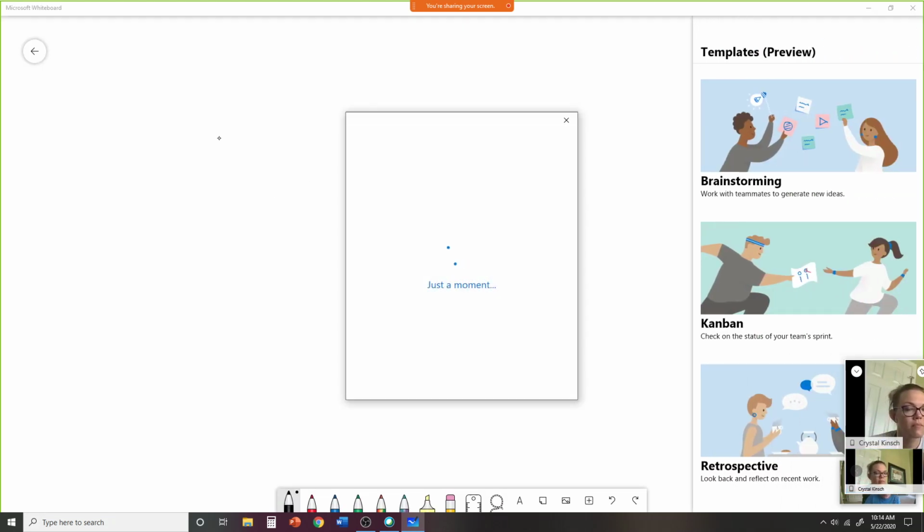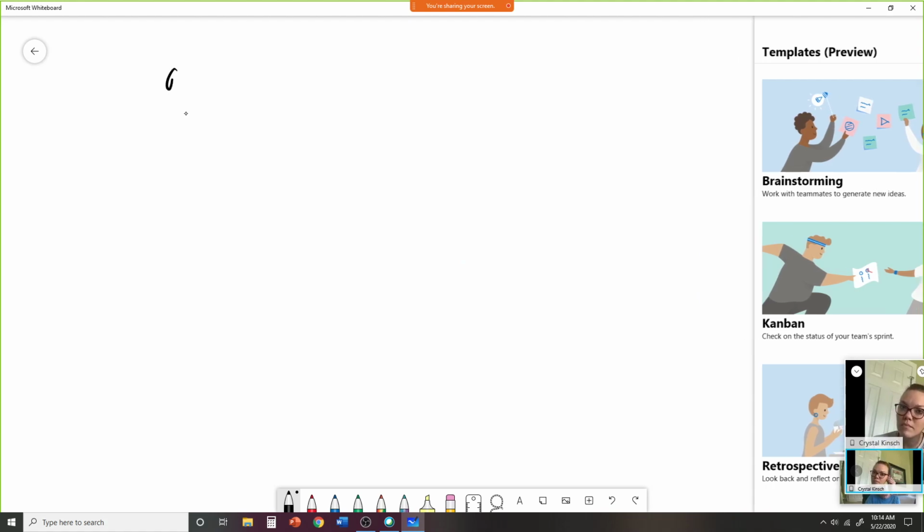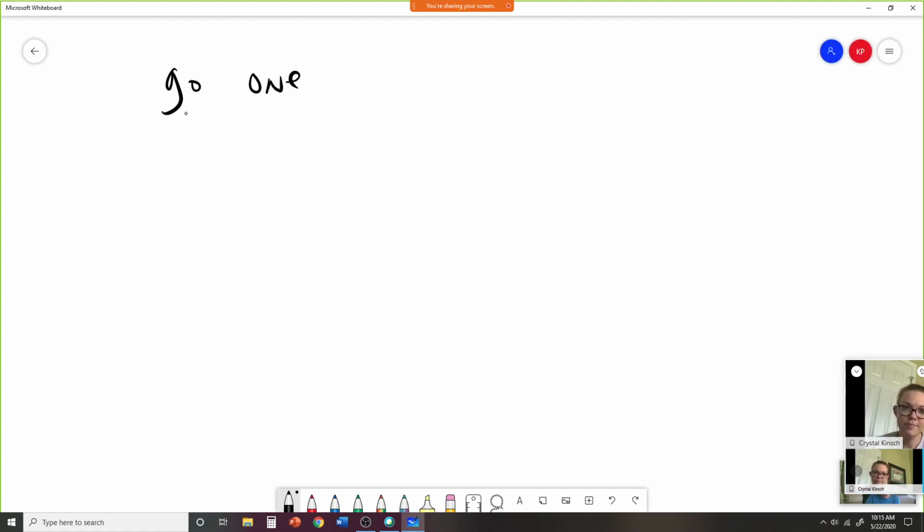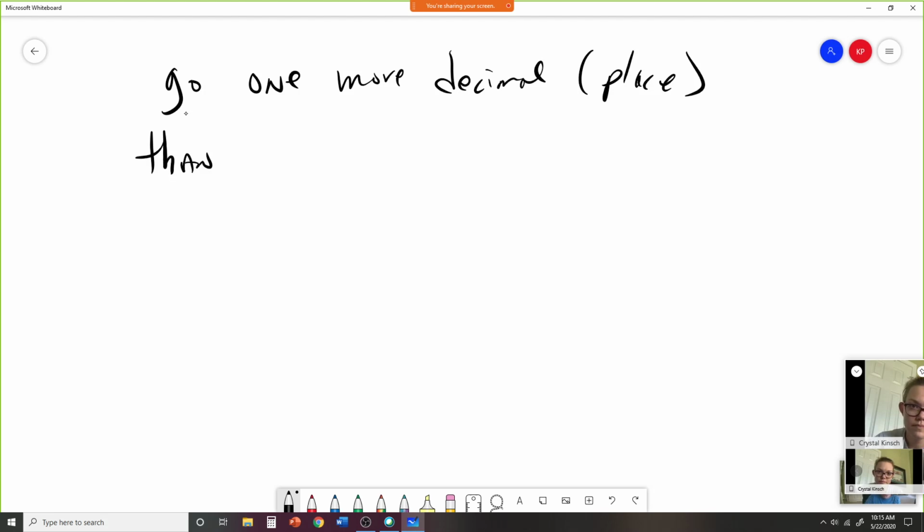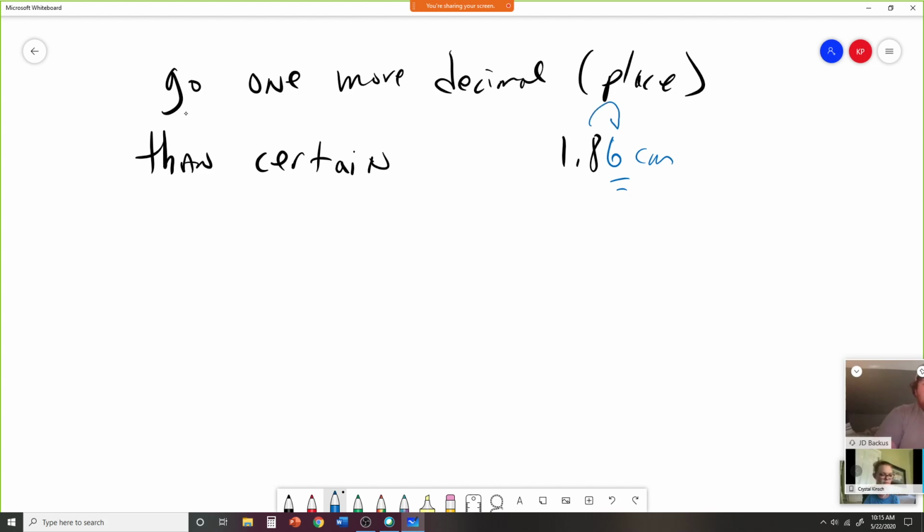The whole point of measuring is that you go one more decimal or place than certain. Now remember when I said we had at least 1.8, and I said the estimated digit is 6? Well, what we did was we went one more decimal than we had certain digits. And so we're going to do the same thing with a graduated cylinder.